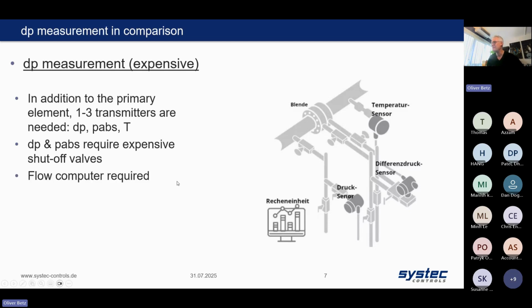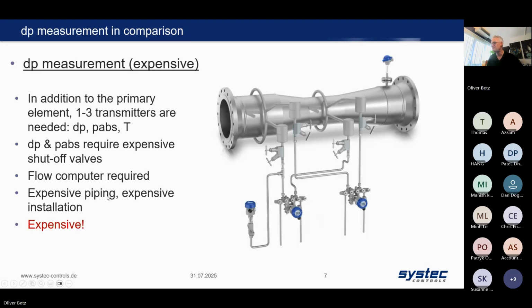That's true. You need a calculation unit to calculate the flow from these 3 units. So you have expensive piping, expensive installation. So it's true, it's expensive. So this is a picture from Krone, how a very nice steam Venturi looks like. But you can imagine a Venturi like this. The Venturi itself is expensive.